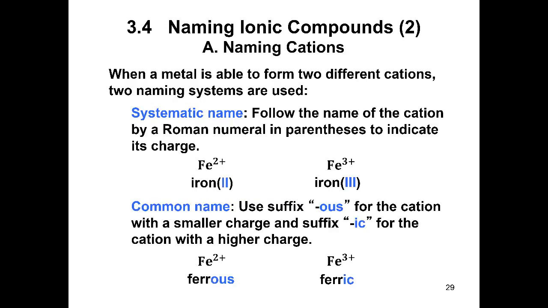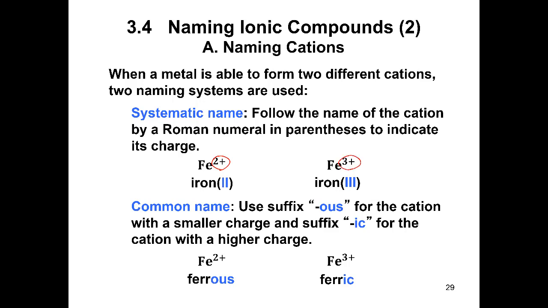When a metal is able to form more than one cation, then you have to use a little different nomenclature. The systematic names, which are the ones we use, use a Roman numeral to tell someone what the charge is. So for example, iron, Fe, can either be a +2 charge or a +3 charge.